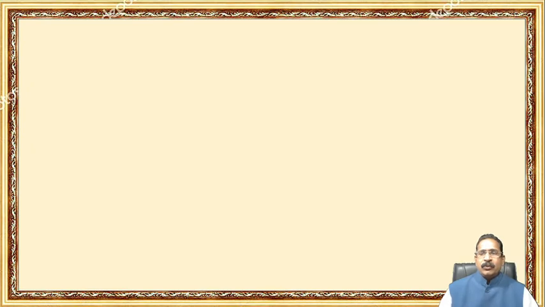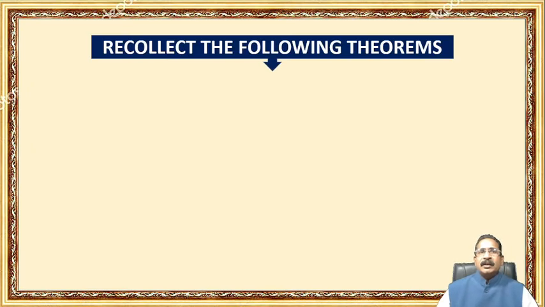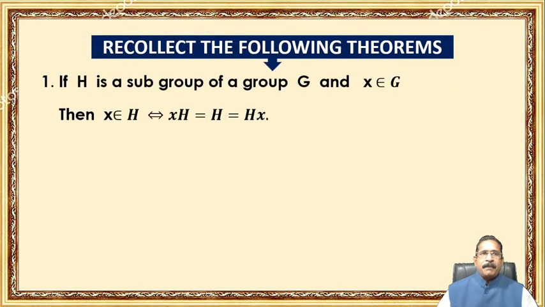Now we recollect some theorems on cosets. If H is a subgroup of group G and x is an element of G, then x belongs to H if and only if xH is equal to H is equal to Hx.